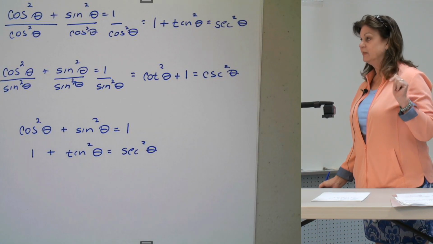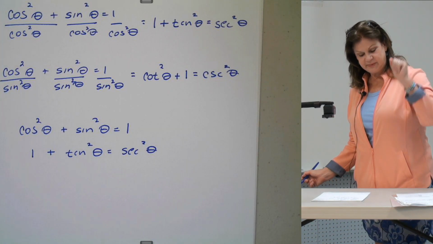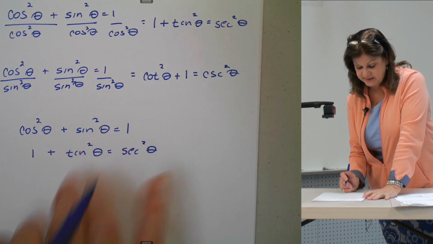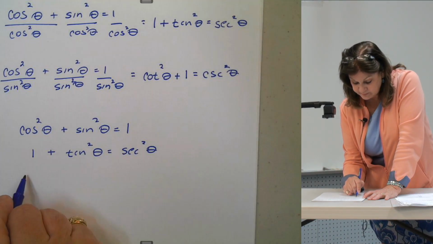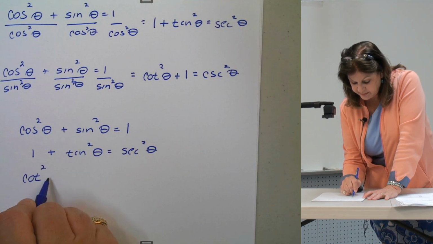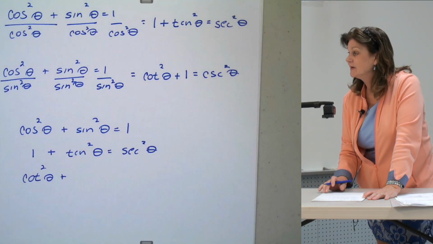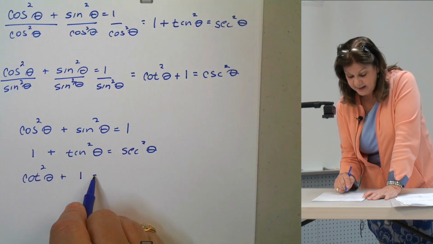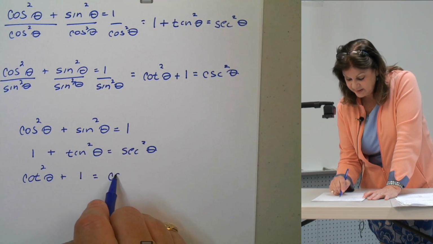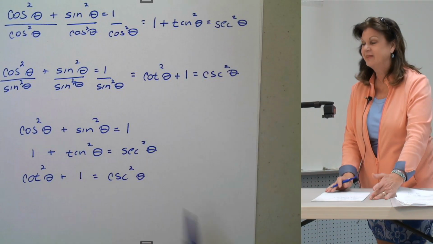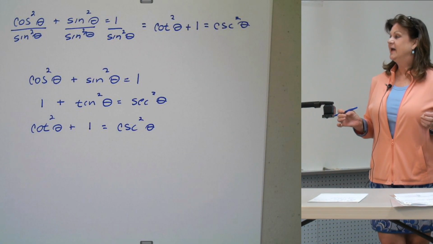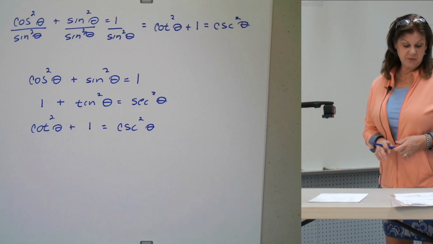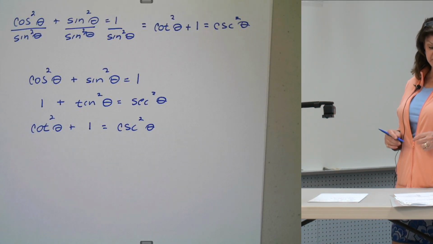What's the next one? We divided the granddaddy by cosine squared. We can divide it by sine squared. Great. Cosine divided by sine, cotangent squared. Sine divided by sine, 1. And 1 divided by sine, cosecant squared theta. So there is your granddaddy equation and the two identities that go with it.